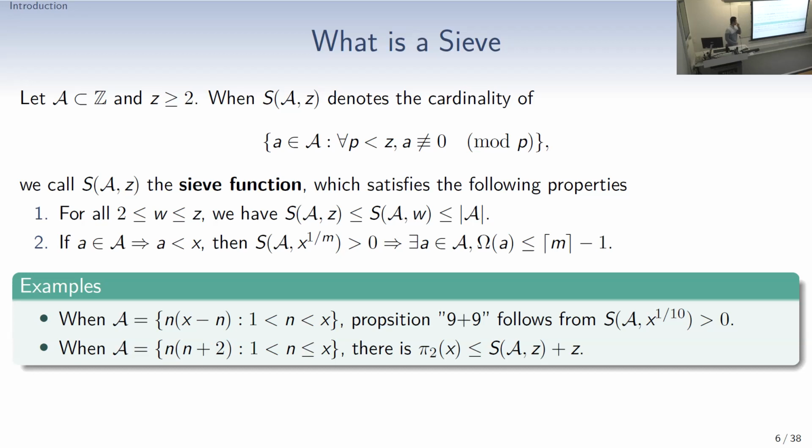Let me introduce this argument very quickly. Suppose it has more than one prime, say n is equal to p1 times p2. Because we know that those prime divisors must be greater than the square root of n, if we multiply them together, we get a number that is greater than n, which is a contradiction.